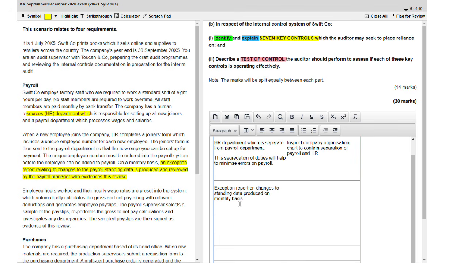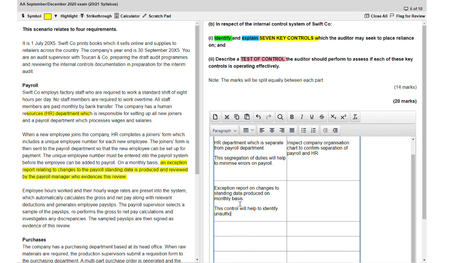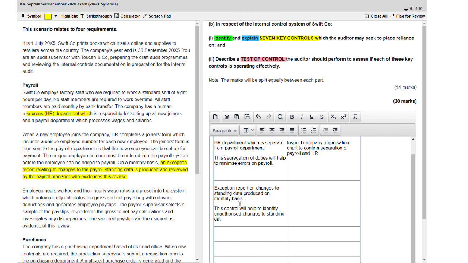So I'm going to say this control will help to identify unauthorized changes, could just be errors as well, to standing data, and I might just put a little example again, e.g. incorrect pay rise or rises.